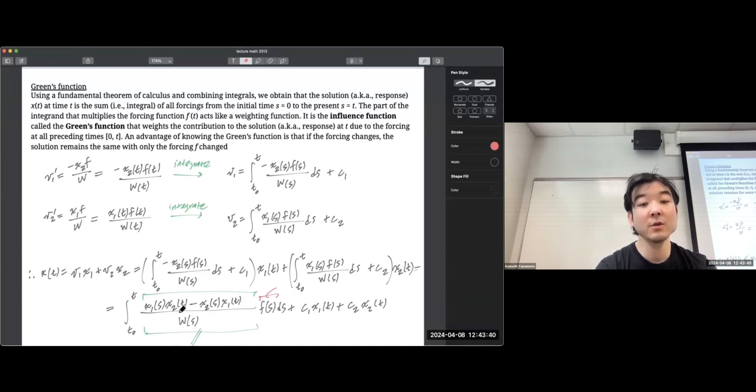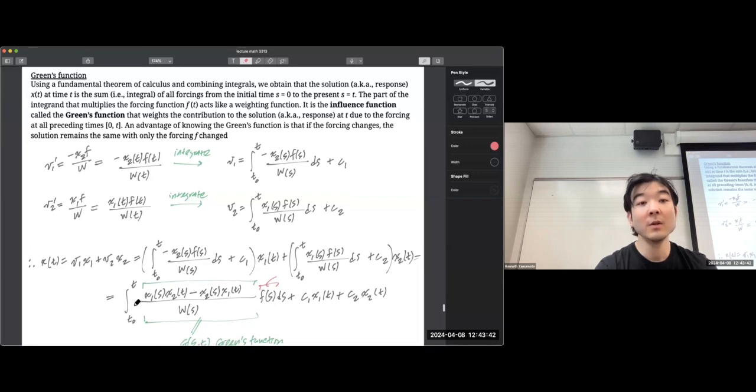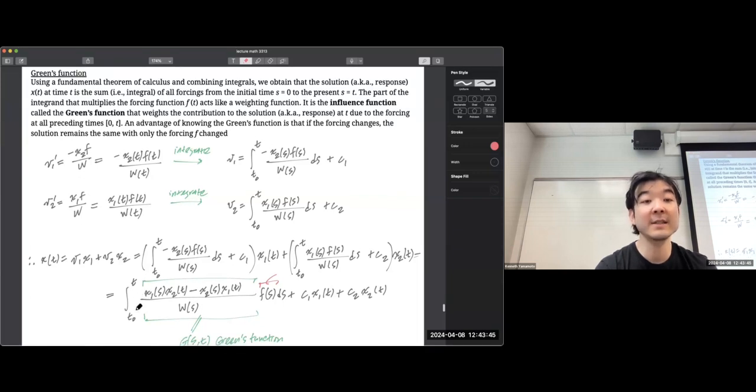So this is just describing, use the fundamental theorem of calculus, combine integrals to obtain a solution. And it turns out that the solution appears to be looking like you have a sum or integral of all the forcings. This f of s is being integrated across all time from initial until present. And this Green's function acts like a weighting function.